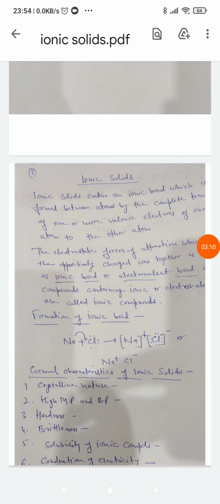The number of electrons gained or lost by an atom in the formation of ionic bond is equal to its electrovalency. An atom that readily loses electrons is said to be electropositive, while one which readily gains electrons is called electronegative.